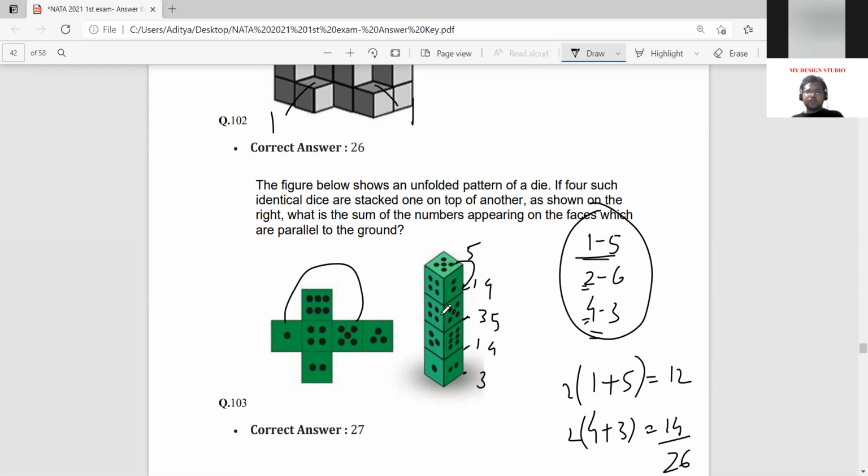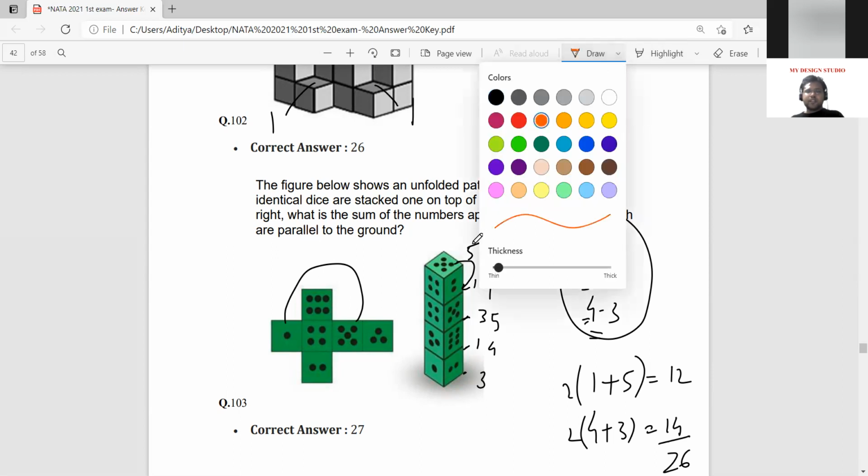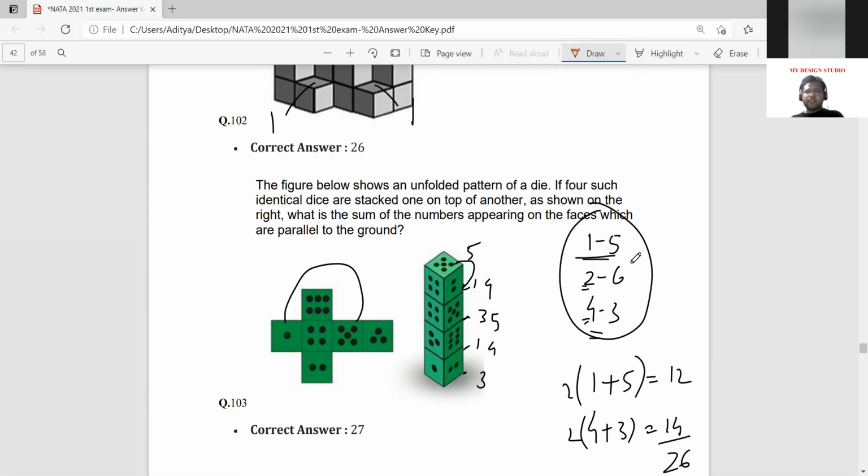When you go to the next one, here is 4 and 5. So the 4 set is missing, the 5 set is missing, which means this set is there. This is something we can interpret from this particular diagram. Next set is 3 and 6, so we can do the same thing.